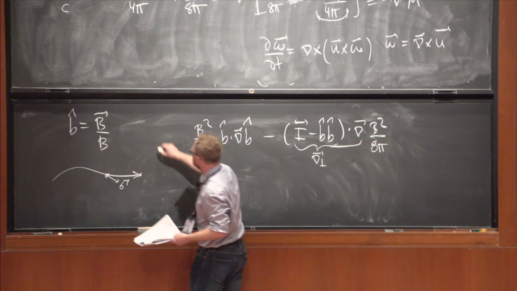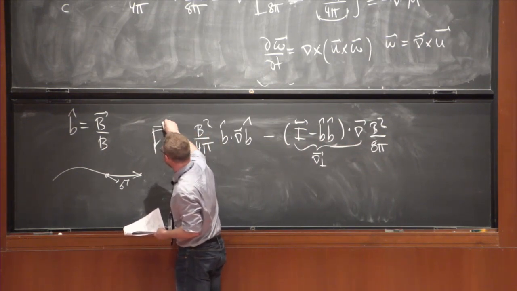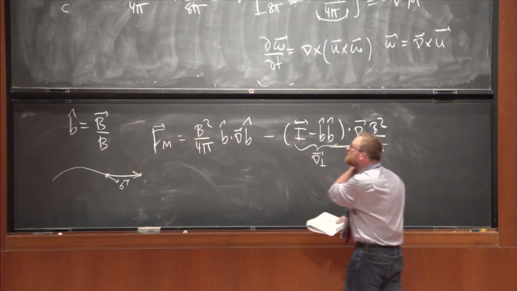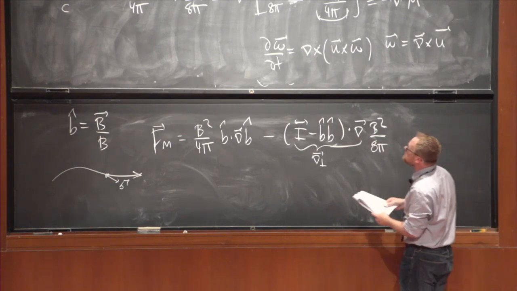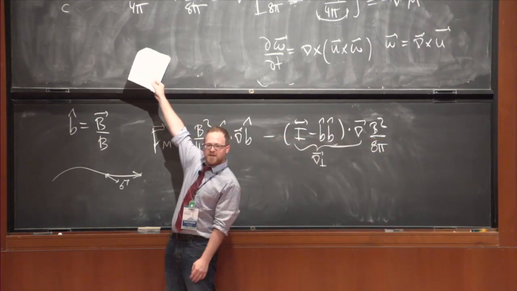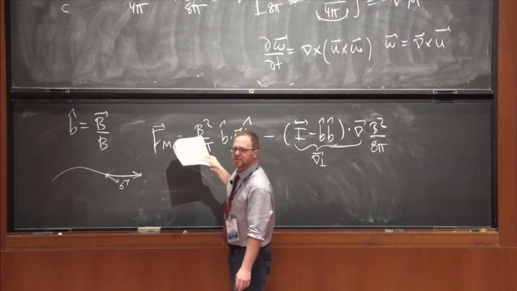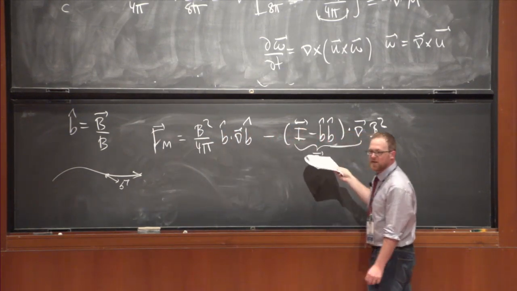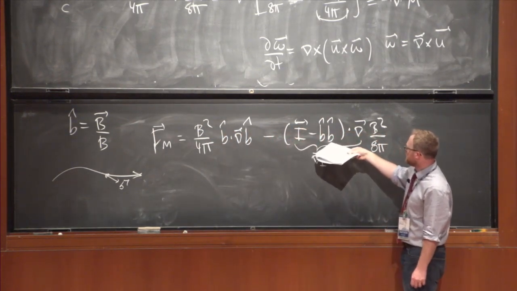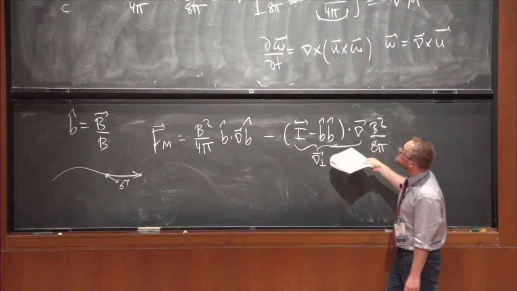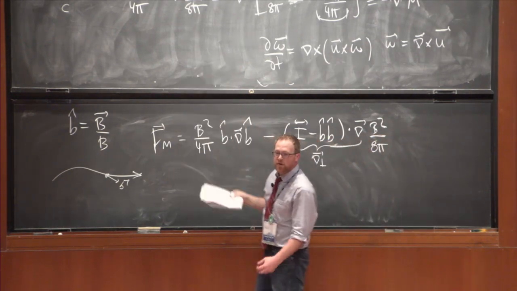So this is the Lorentz force, the magnetic force on the plasma. What I've done is taken this big B dot grad B and turned it into a little b dot grad B, which ended up giving me an additional little b dot that, which is going to eat up part of the second term.